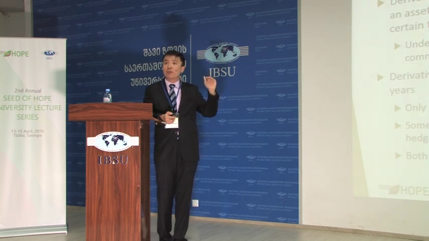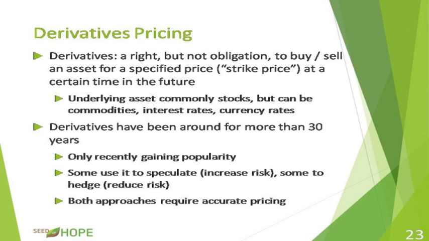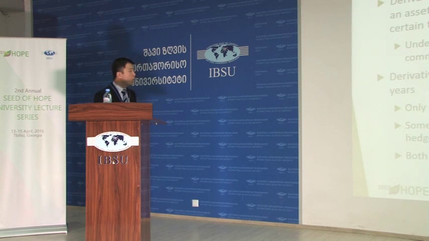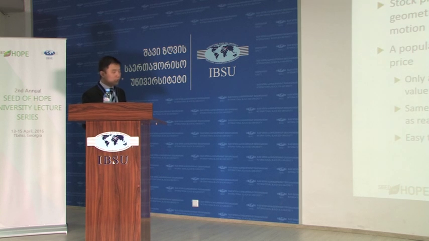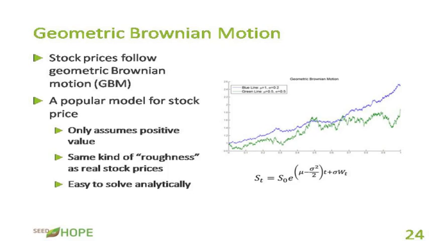But if the price of corn happens to be higher than that, then I don't have to exercise. Remember, it's a right but not an obligation. So I can always sell it at the current market rate if I want to. But for the farmer to do that, he needs to know how much this corn option contract is really worth. One of the simplest ways to do it is by modeling your stock price as geometric Brownian motion.